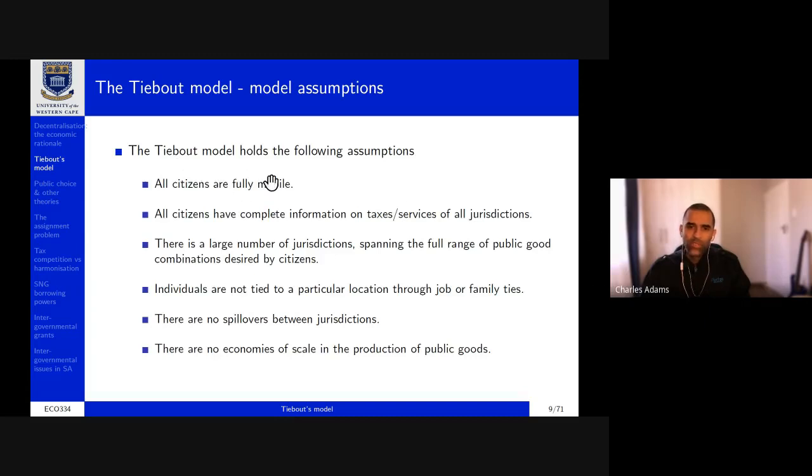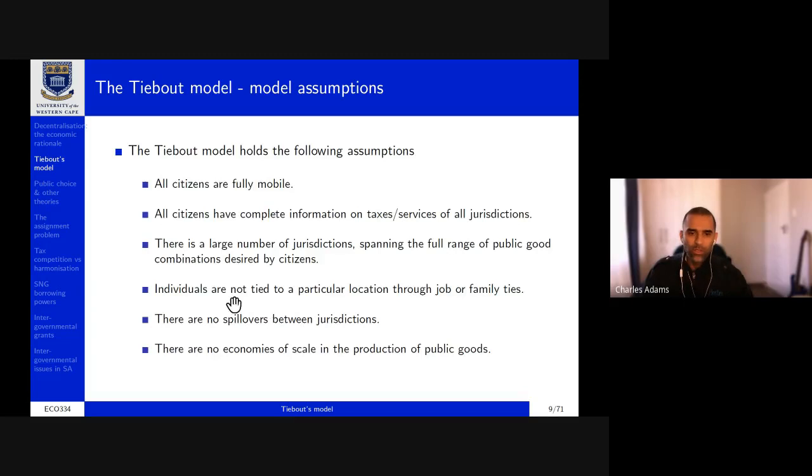So if citizens were not mobile, then you won't have allocative efficiency, because citizens would, for whatever reason, be stuck in a jurisdiction that does not provide the mix of public goods they desire, yet there is another jurisdiction that does, and they can't get there for whatever reason. In which case you would not have allocative efficiency. And the idea of this model is to demonstrate the conditions under which you might have allocative efficiency in the provision of public goods and services. So we have to make that assumption.